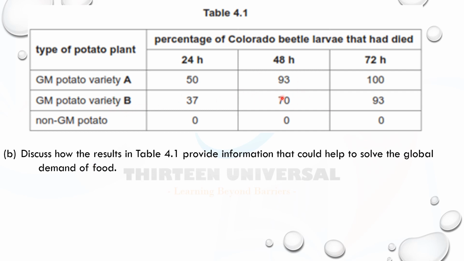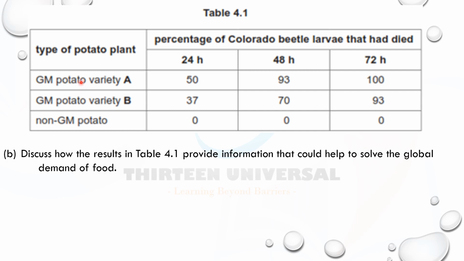Does this solve global demand of food? Some people are dying of hunger in some parts of the world. Now, if we make GM potato for them, potato is a staple food that most people eat. It's a basic supply of carbohydrates, energy, for activities in the body, cell activities and all of that.